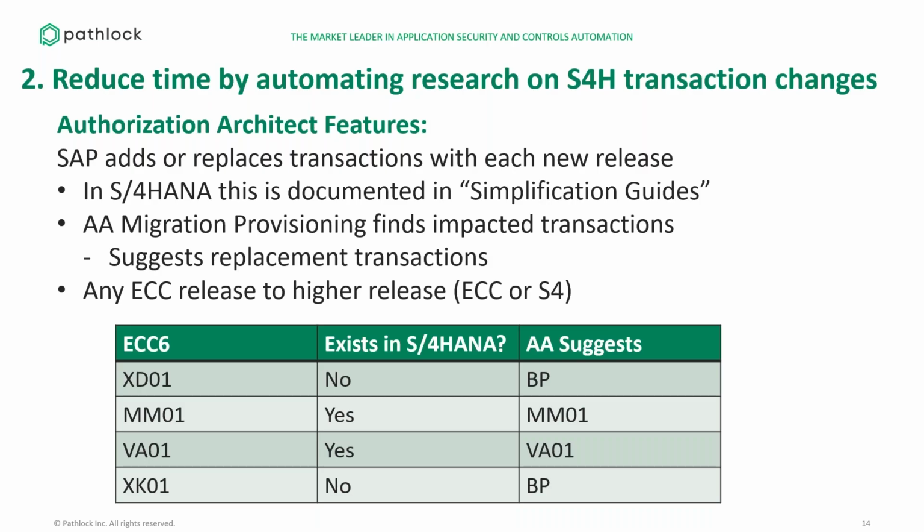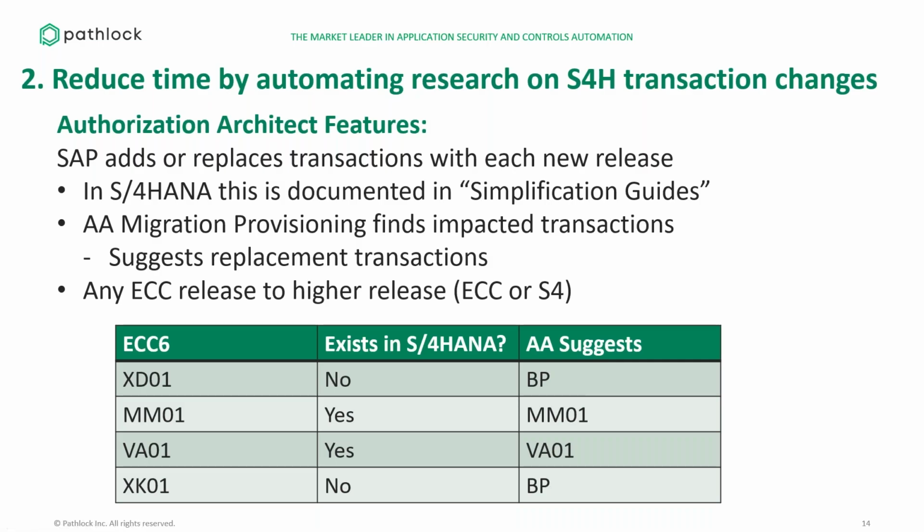We have a tool in AA which during configuration, you tell the tool which release you're on and which release you're moving to. And then when you start getting your role proposal, it will tell you, let's say if you're in ECC 6 right now, okay, you've been using XD01, but you're moving to HANA, and it's going to suggest, hey, you really ought to use the BP transaction.